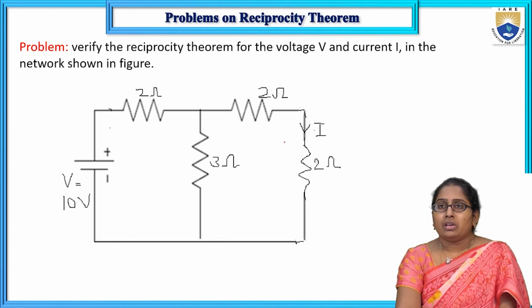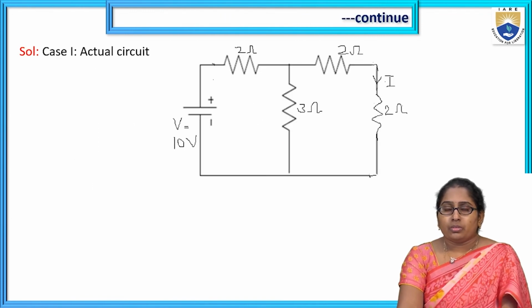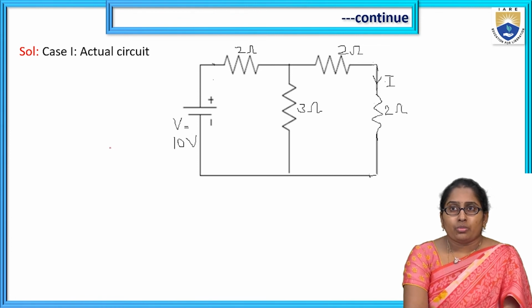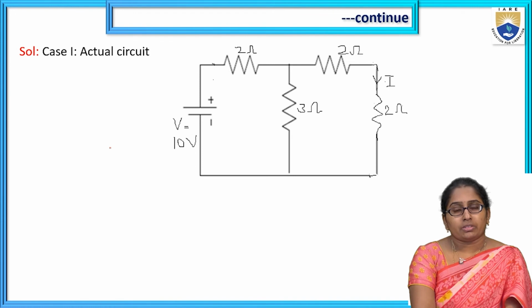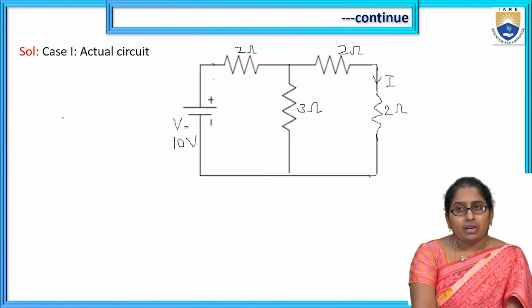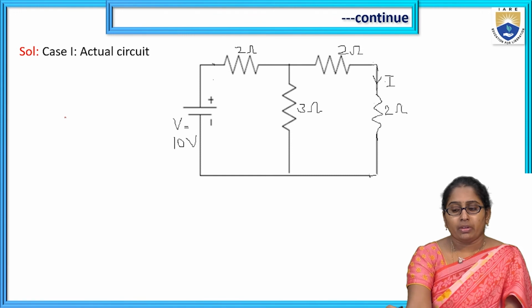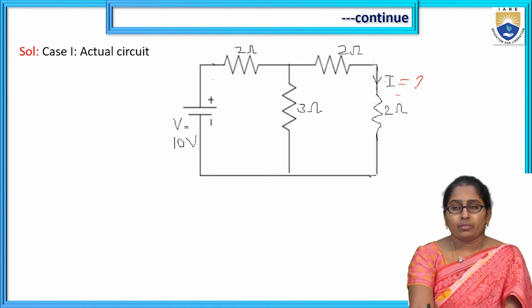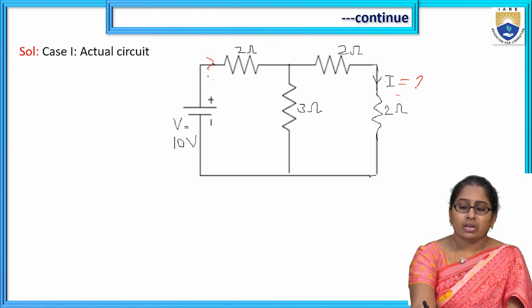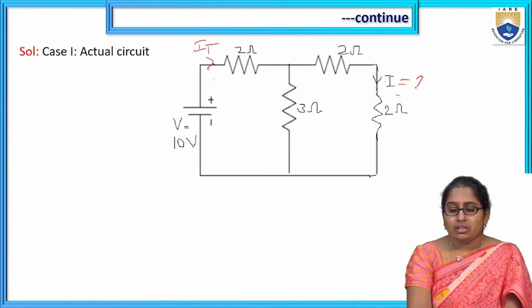First, case 1, the actual circuit. Taking the given actual circuit as it is, we find the ratio V by I. We want to know this I value. Same method as the previous one: find the total current IT here by using the total resistance of the circuit.